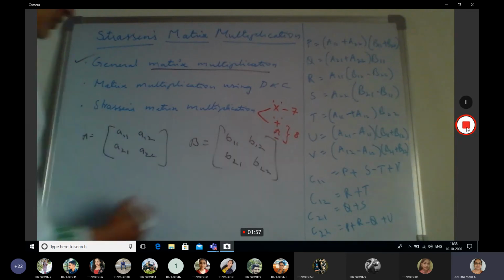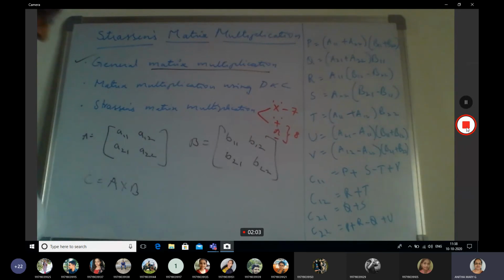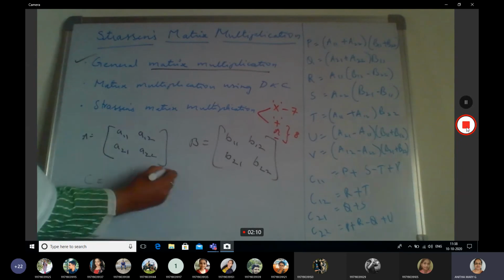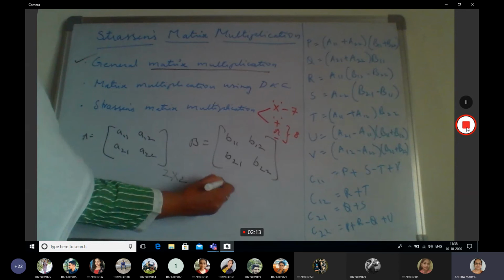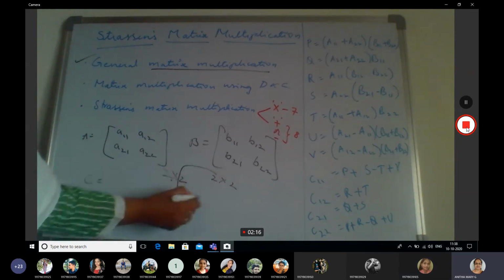So when can we multiply A into B, or C is equal to A into B? What is the necessary condition in order to multiply two matrices? The dimensions. So these two should be same.